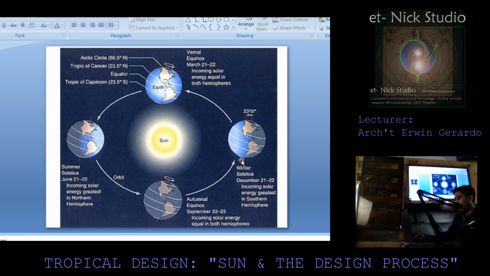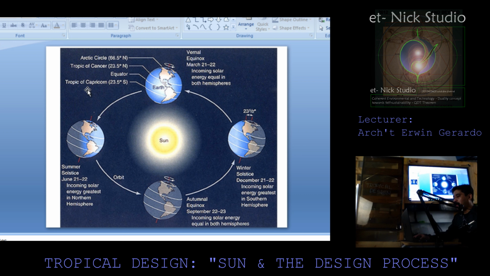So meaning this one is inclined away from the sun. So here the vernal equinox, the month is March 21 and March 22. The incoming solar energy equal in both hemispheres.